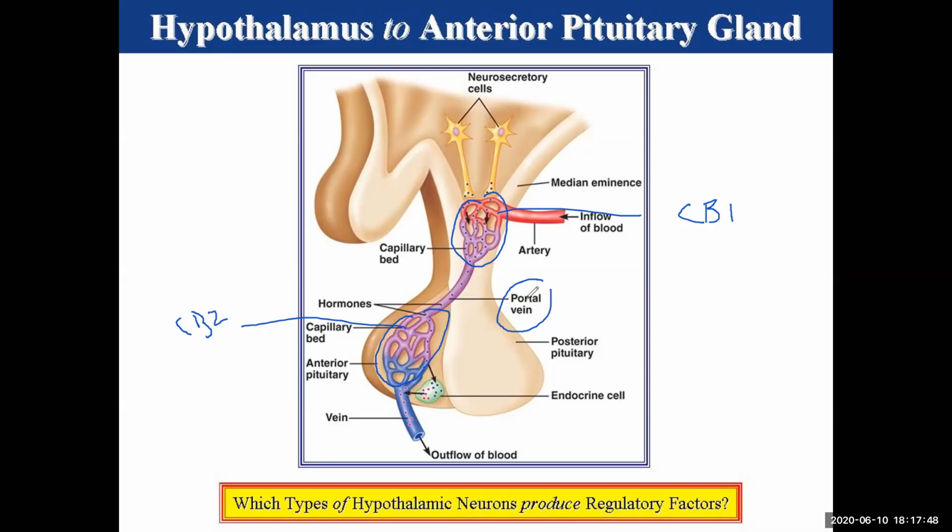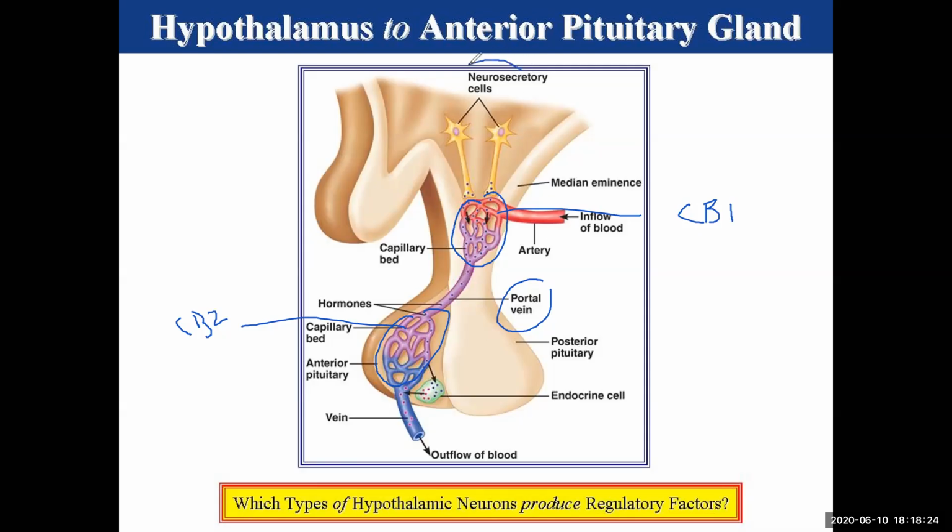And that portal vein would convey absorbed nutrients from the small intestine, more specifically the jejunum region, to the liver for detoxification purposes. Under that system, it's called the hepatic portal system. And in this case here, it's the hypophyseal portal system.